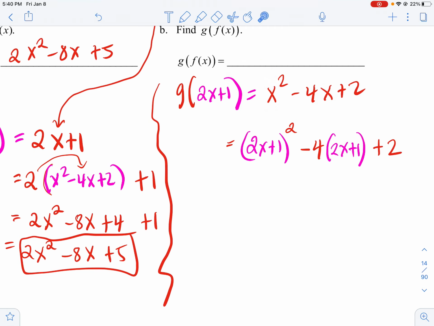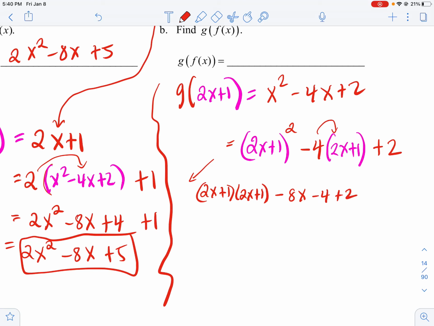Because I plugged in 2x plus 1. Okay. Now, when you say 2x plus 1 squared, does that mean 2x plus 1 times 2x plus 1? So I will be doing 2x plus 1 times 2x plus 1 minus, I can combine that, 8x minus 4 plus 2.